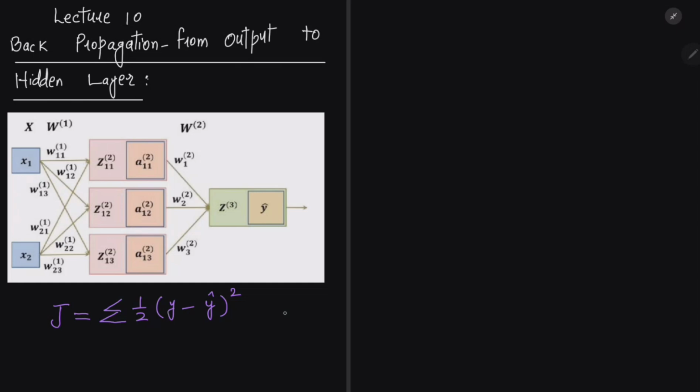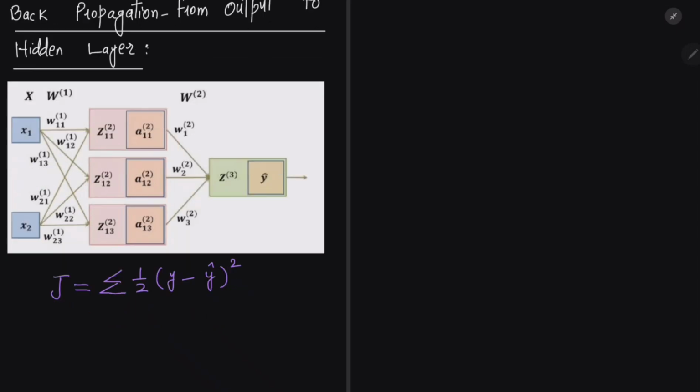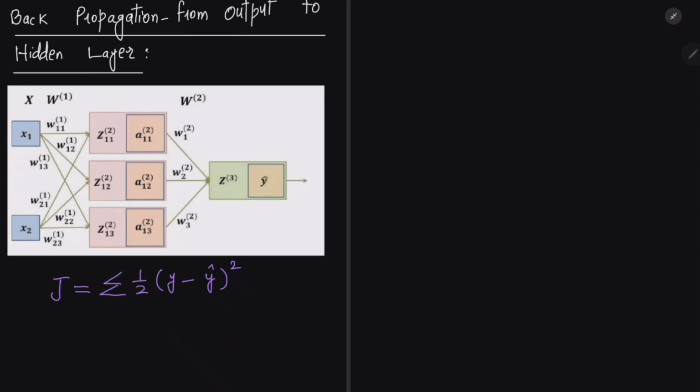I repeat, we want to find the error, and to find the error we choose the square of the error term, and then we have 1 by 2, since when we differentiate j, which is the squared error, with respect to y hat, then this 2 will be cancelled out by the 1 by 2 so that we do not get an extra 2. So this is the j in the current lecture.